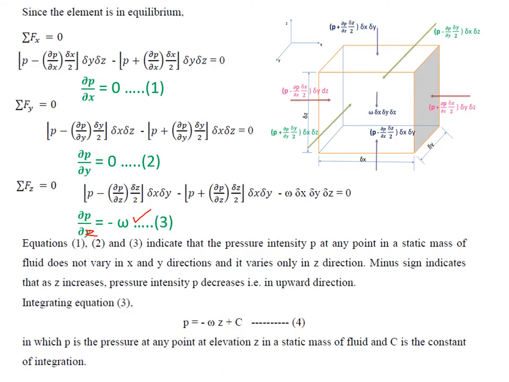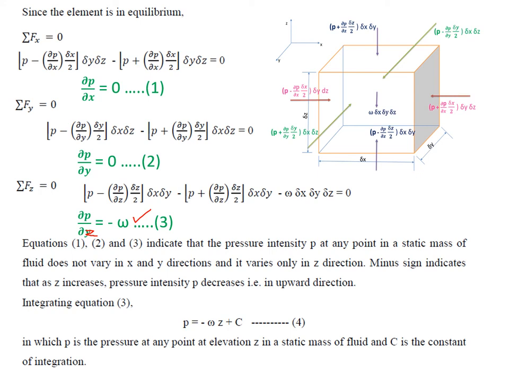Now if you integrate this, omega is a constant, so it will be the integration of 1. The integration of 1 is z, because you are integrating with respect to z, so p equals minus omega into z plus some constant of integration. So what is this p?